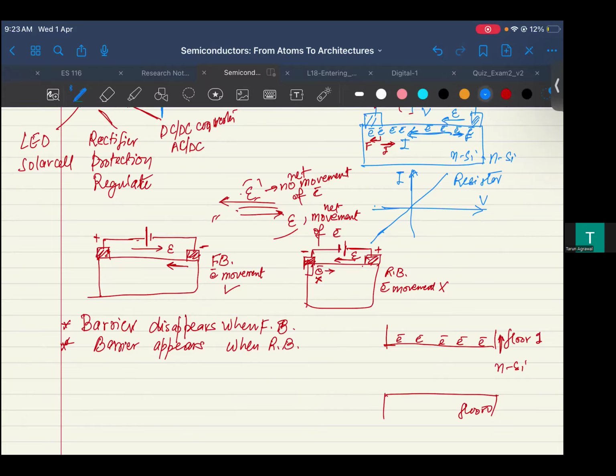You see the same scenario for the other kind of silicon, where in floor 0 you see a lot of holes, right? But in floor 1, you would not see electrons, right? Because they are doped. That is why we call it p silicon, that there are net more holes than electrons, right? So this is the case p greater than n. This is the case where n is greater than p, right?